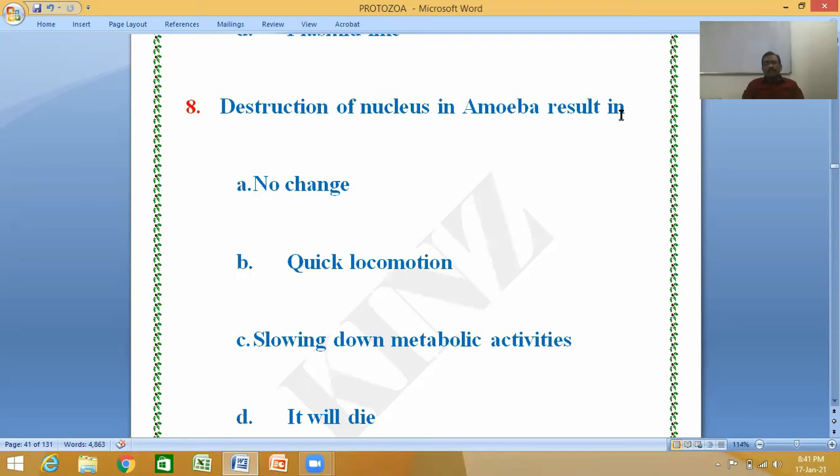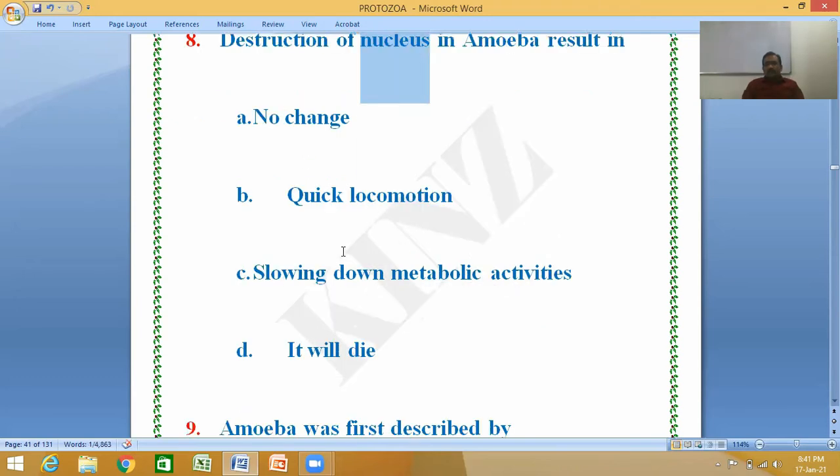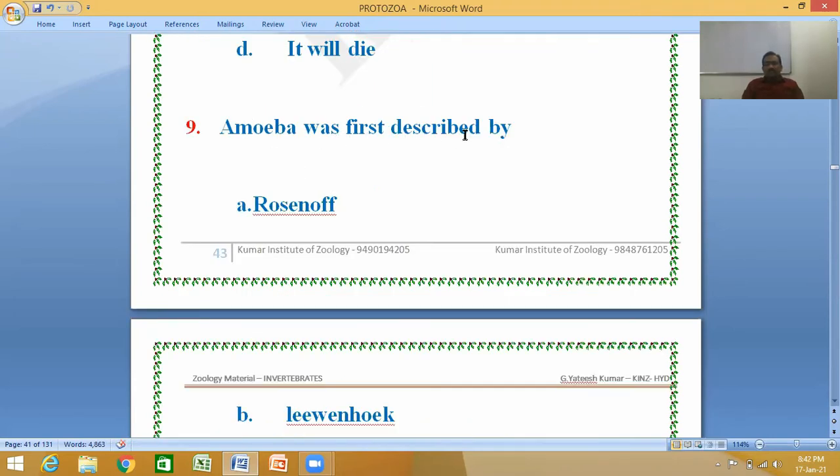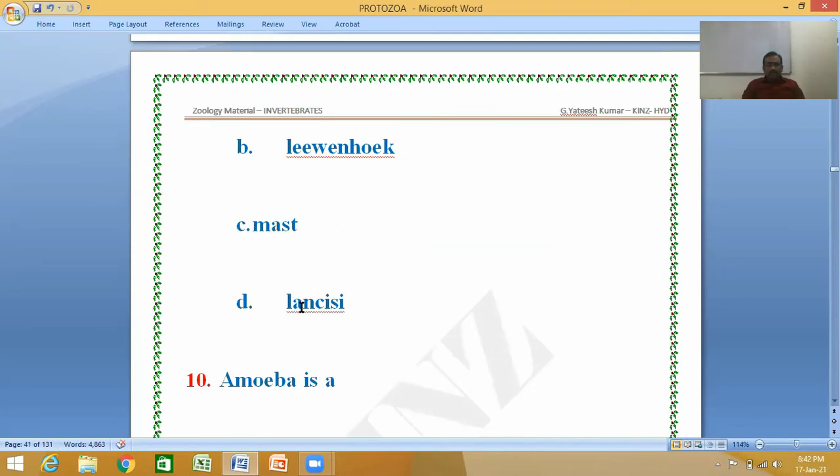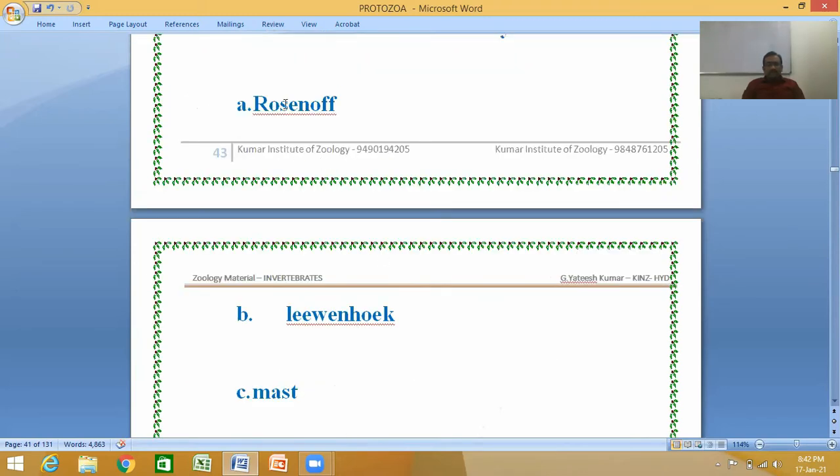There is no natural death to amoeba because there is no demarcation between the somatoplasm and germplasm. So if the nucleus is destroyed, nothing will happen but slowing down of the metabolic activity. Amoeba was first described by Rozanoff, Leeuwenhoek, Mast, Lance. Answer is Rozanoff.